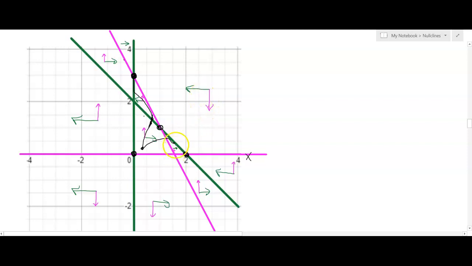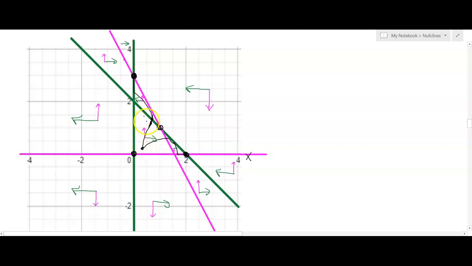And you can see that the right and left arrows point at each other across this green nullcline. And so the only component that we see that's consistent above and below that is the downward pointing arrow. So it would actually be forced back downwards. And perhaps it hits this red line, but this is a Y nullcline, and we see that everywhere below this green line, the vectors point right, so that point is going to have to end up at 2, 0.